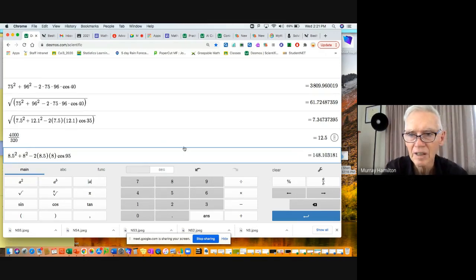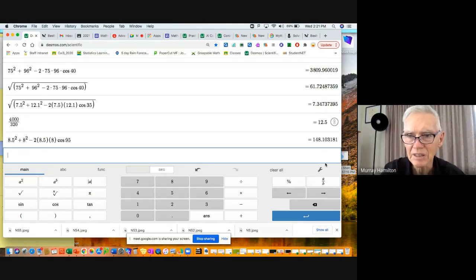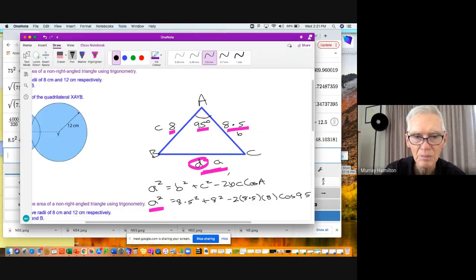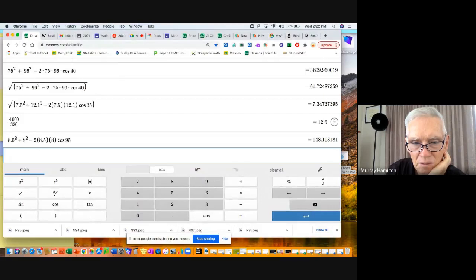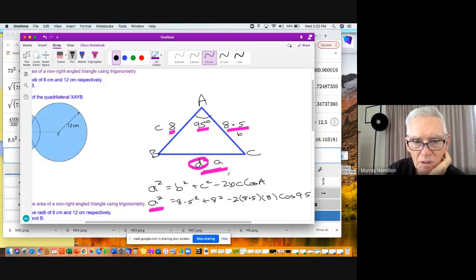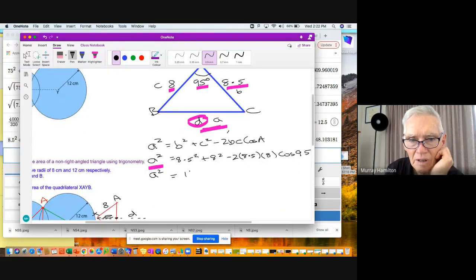And we see it's 148.103. That is what A squared equals. Remember that: A squared equals 148.103.